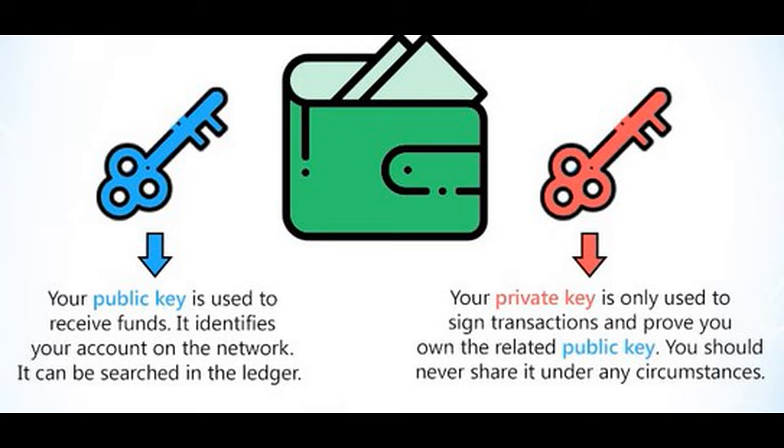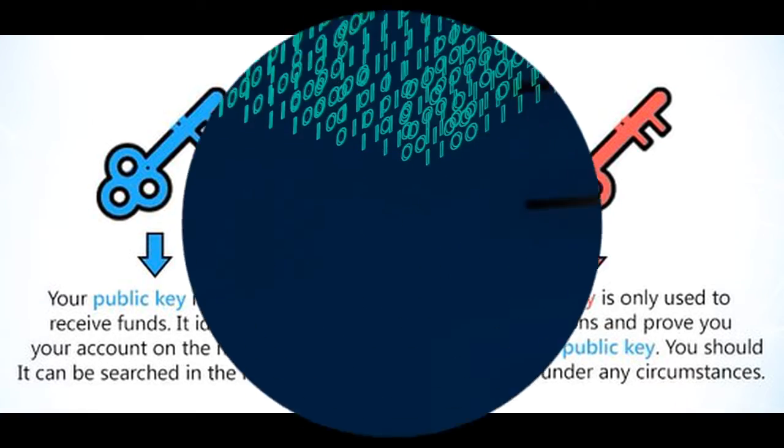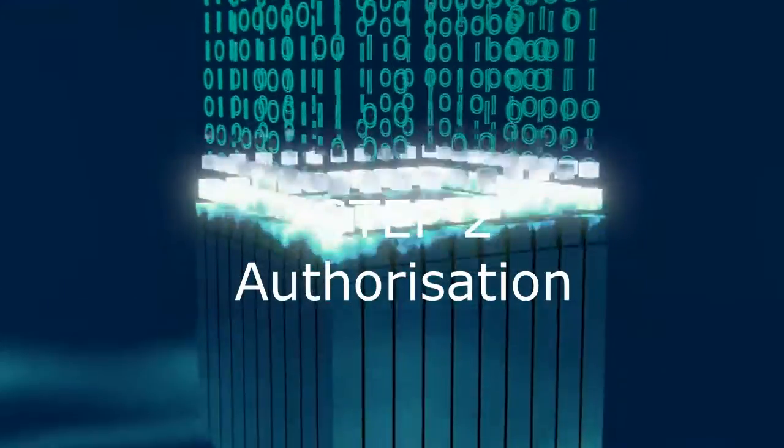Each user has their own private key and a public key that everyone can use. Using them both creates a secure digital identity to authenticate the user via digital signature and to unlock the transaction they want to perform. The second step is authorization.